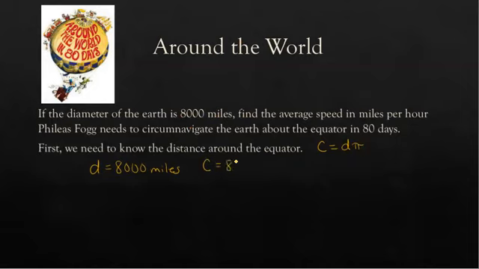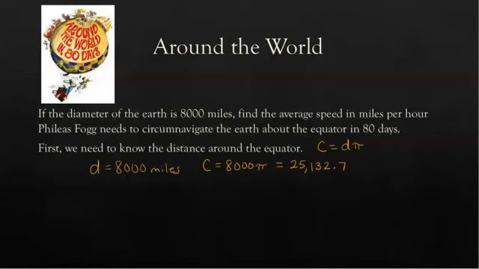So I'm going to put into my calculator, I'm going to use the pi button. And when I multiply that by 8,000, I get 25,132.7. I'm going to carry this 0.7 around just until I get to the end, and then I'll round it to the nearest 1.